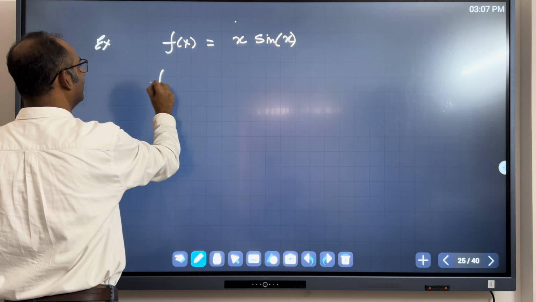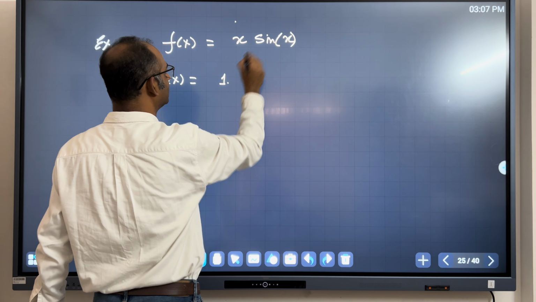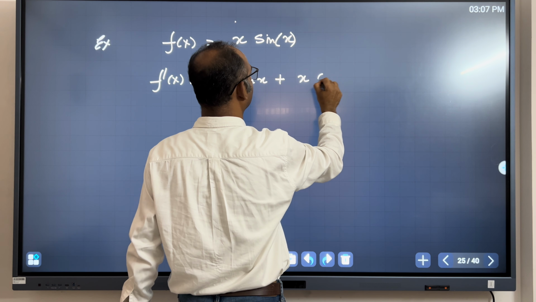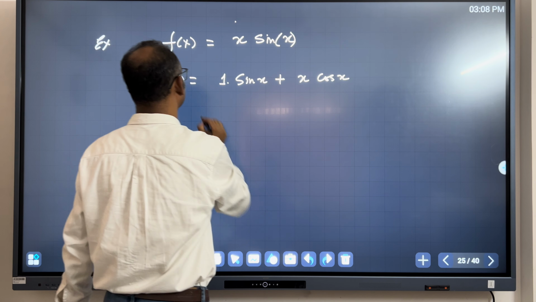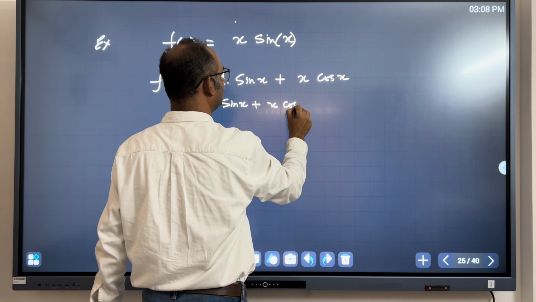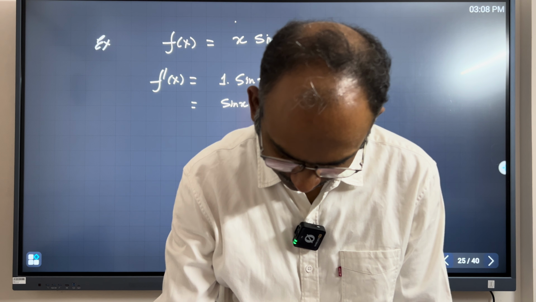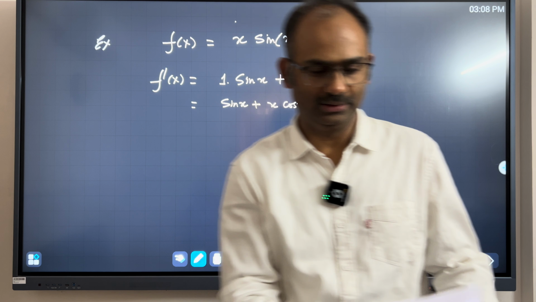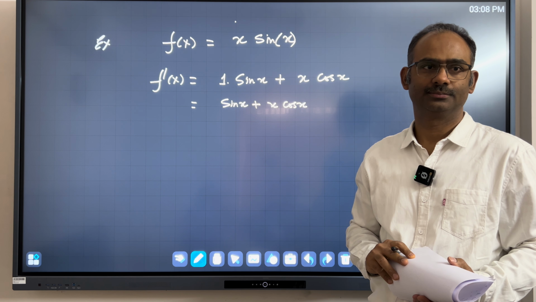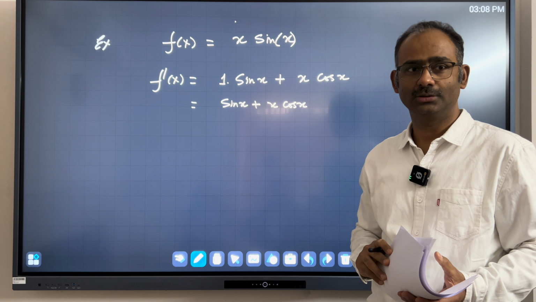Then f prime of x is the derivative of the first function, which is 1, times the second function, plus the first function times the derivative of the second function. So you have sine x plus x cos x. Is that okay? Any problem? There's no mistake. Okay, good.